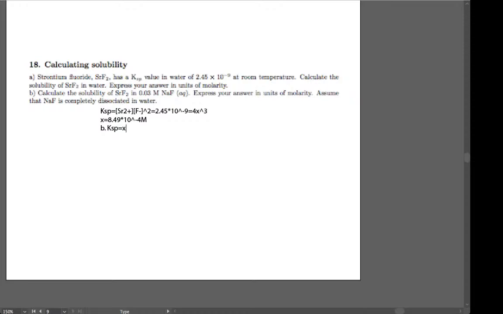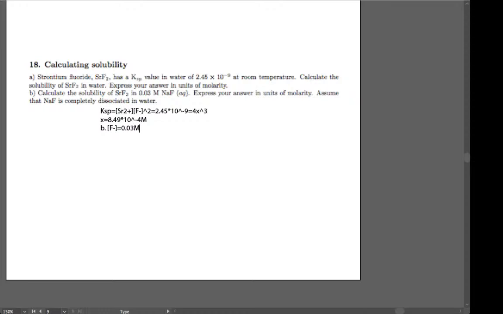Okay, I think I found how to actually do this. The Ksp will be the same, and then don't forget the Na+. The first thing is that the concentration of F- that we'll have from that other concentration is 0.03 molar.